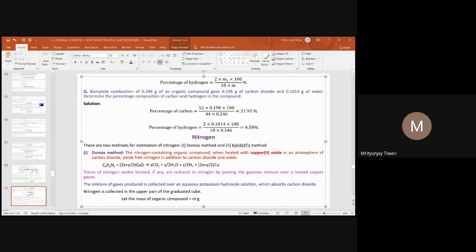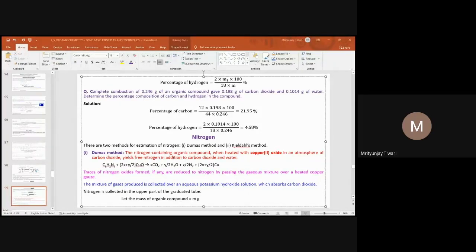The percentage of hydrogen can also be calculated using the same method, or using this equation directly. In this equation, M1 is the mass of water that is produced, that is absorbed in the tube containing calcium chloride, and M is the mass of the organic compound.